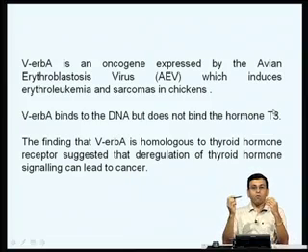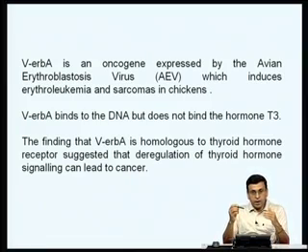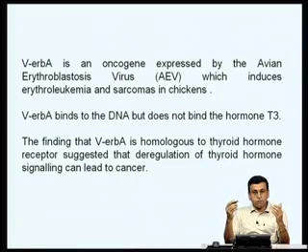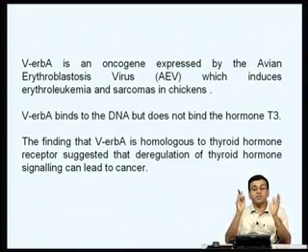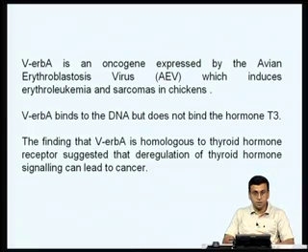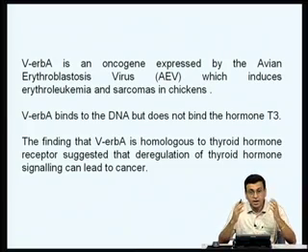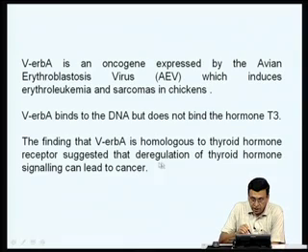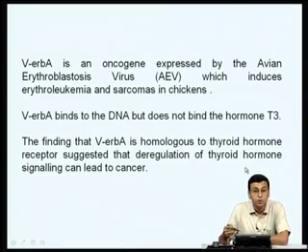So, the viral oncoprotein v-ErbA is nothing but a mutant form of thyroid hormone receptor which cannot bind ligand, but can bind to the same DNA sequence as a thyroid hormone receptor. This knowledge clearly indicated that v-ErbA is homologous to thyroid hormone receptor, and therefore gave a hint that deregulation of thyroid hormone signaling may lead to cancer.